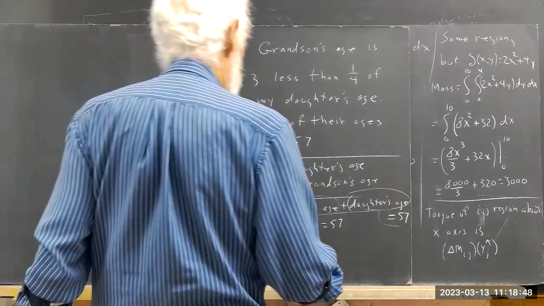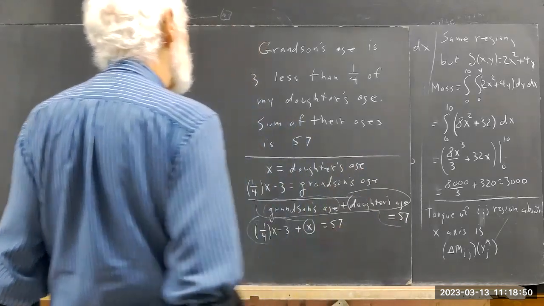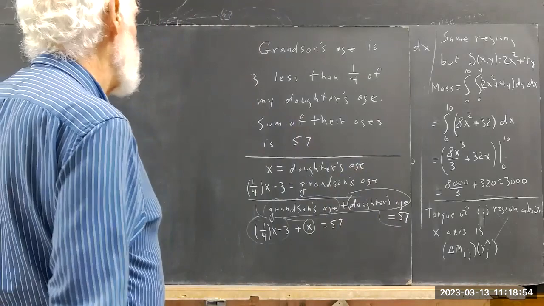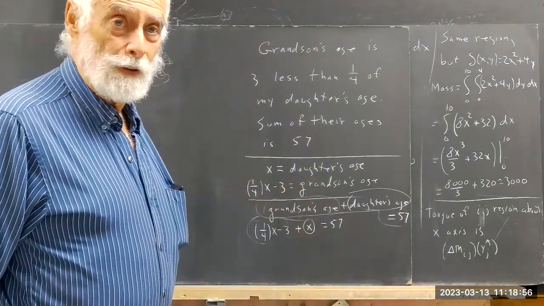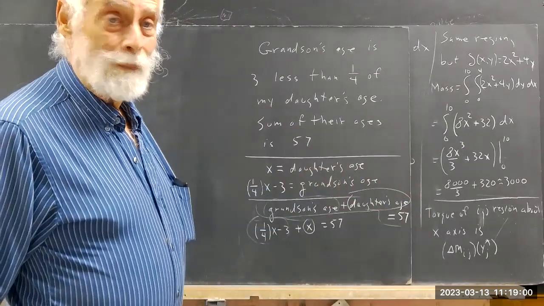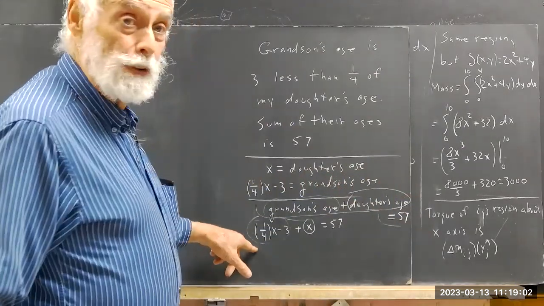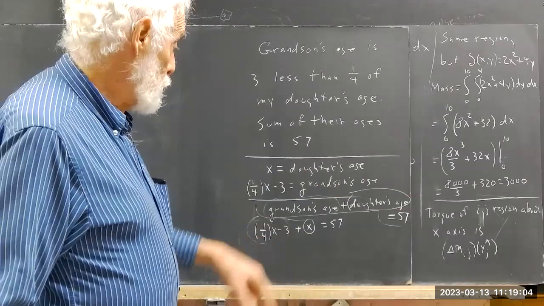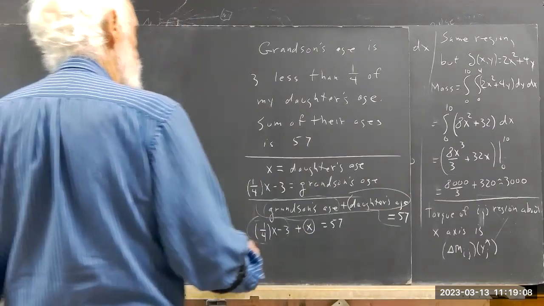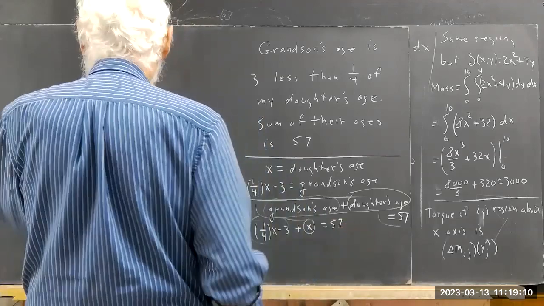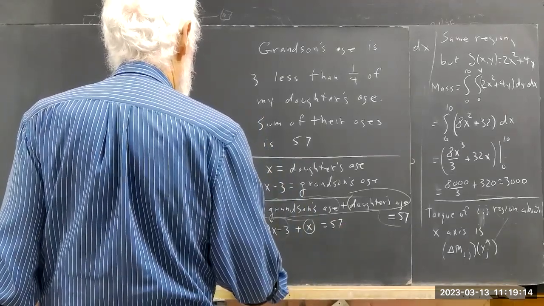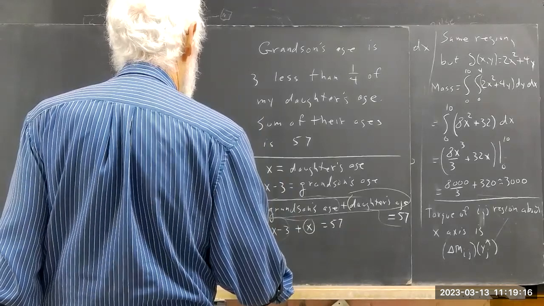I'm not going to go through the details, except I will try to reinforce this one idea that it's probably easiest to solve this equation if you multiply both sides by 4. Then you get rid of the denominator and you don't have to worry about fractions. So if we multiply both sides by 4, that means every term is going to get multiplied by 4.